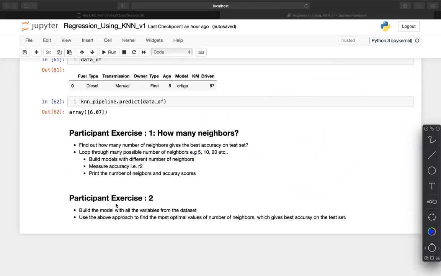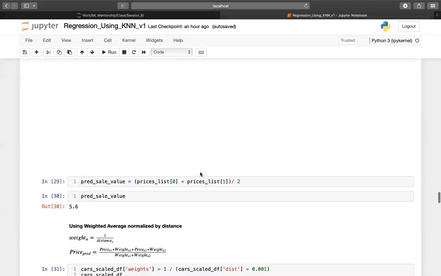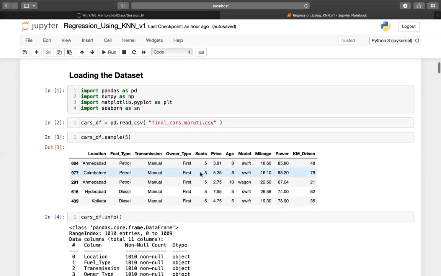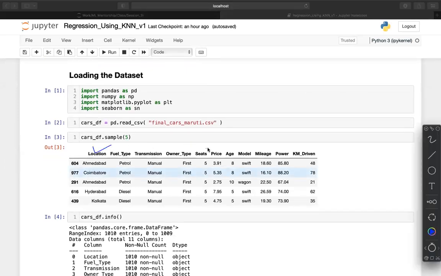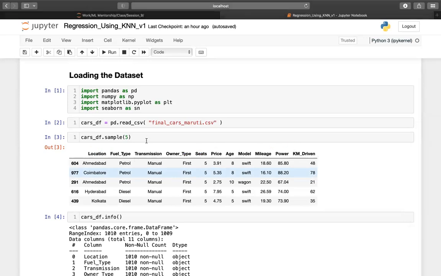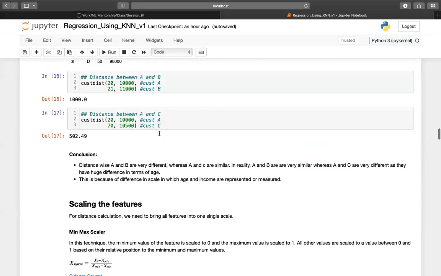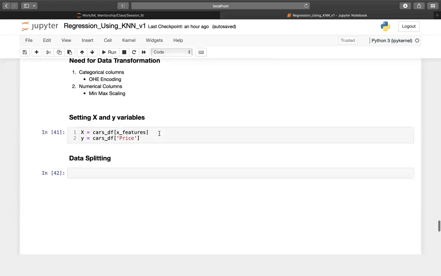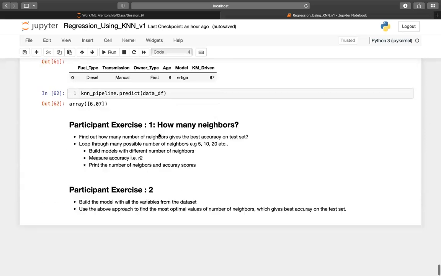The second exercise is to build a model with all the variables from the data set. As of now, in this modeling exercise, we haven't used location, number of seats, mileage, and power. So add these 4 more variables and see how the accuracy changes. For that also you can find out how many neighbors would be optimal.